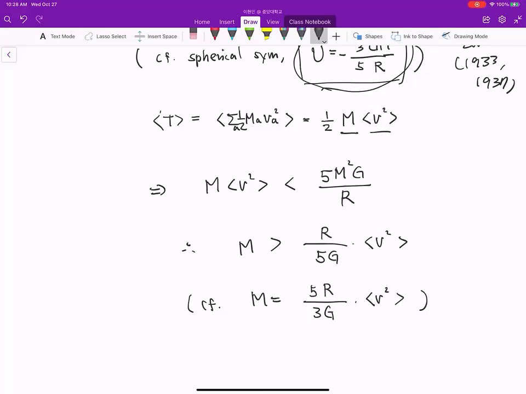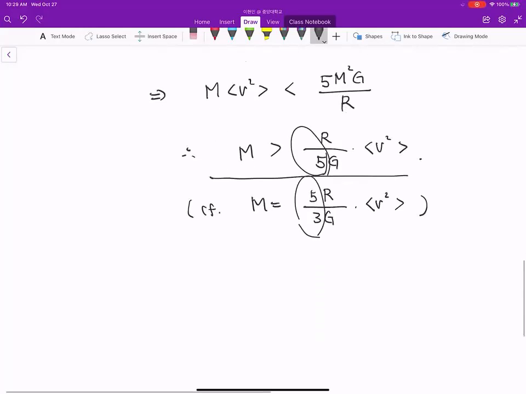So you can see the difference in the coefficient. There's a 1/5 in this estimation, and there's a 5/3. So in the previous estimation, the cluster mass is larger than this limit, for the same velocity dispersion.